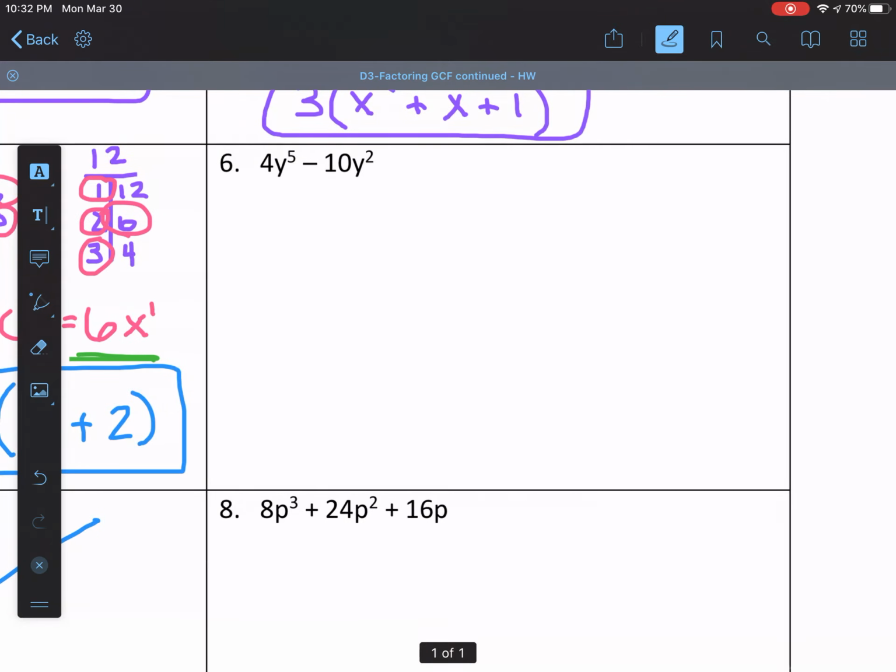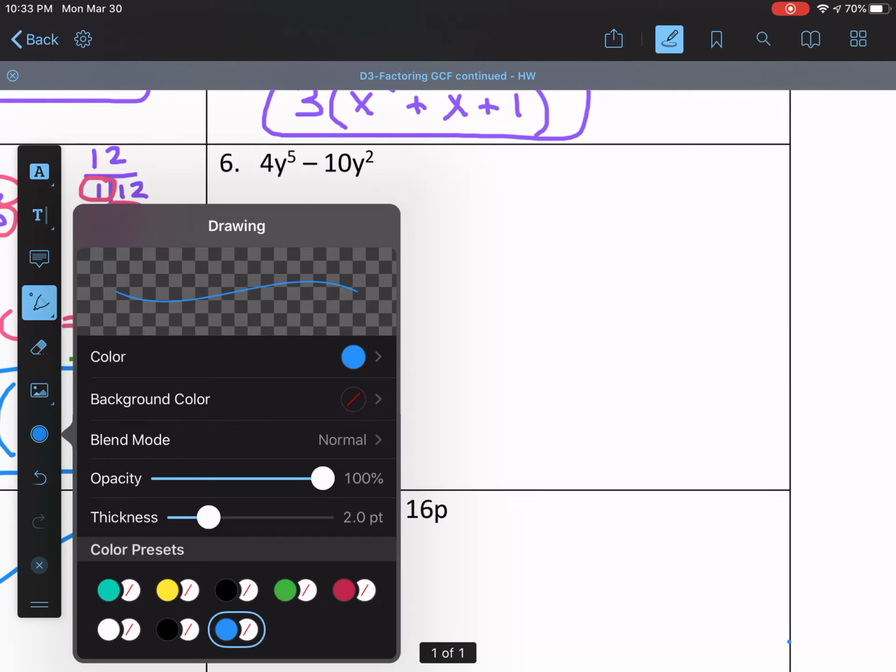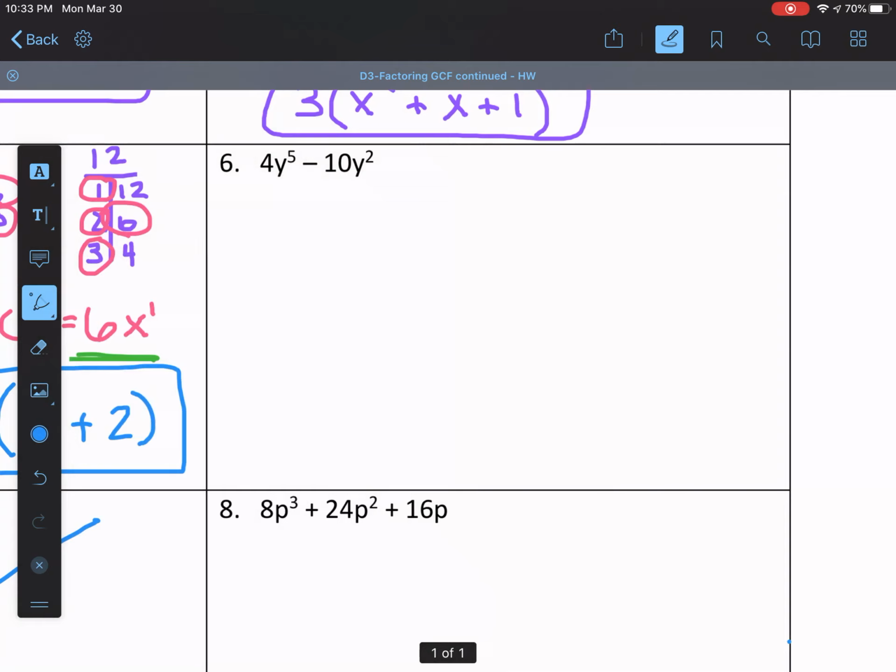Okay, so on number 6, we are going to first list our factors of 4 and 10. So our factors of 4 are 1 and 4 and 2 and 2. And our factors of 10 are 1 and 10 and 2 and 5.